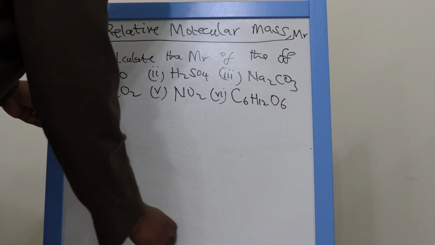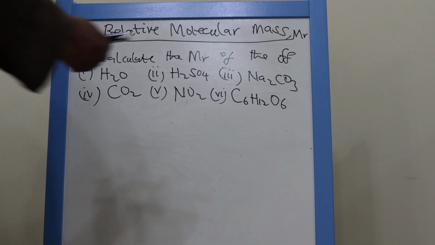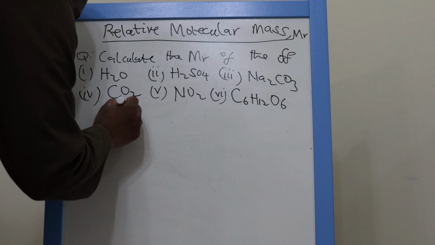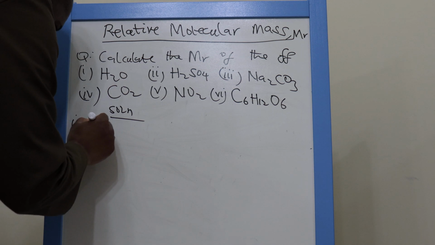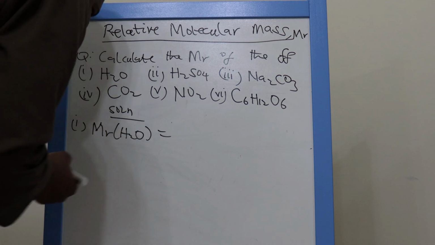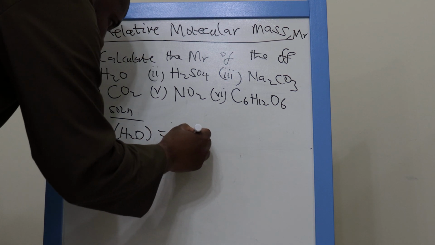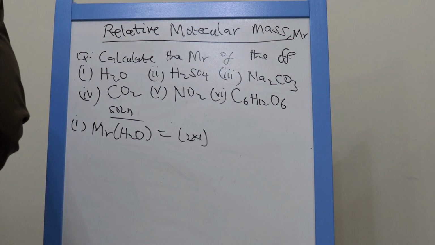So I think our viewers have started seeing the difference between relative atomic masses and relative molecular masses. We are doing the first one, H2O. Solution: Mr, the relative molecular mass of water, H2O, is equal to 2 times 1 for hydrogen. Let's get the parameters right.